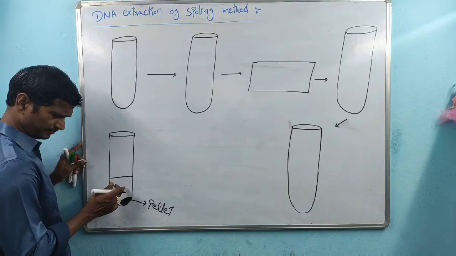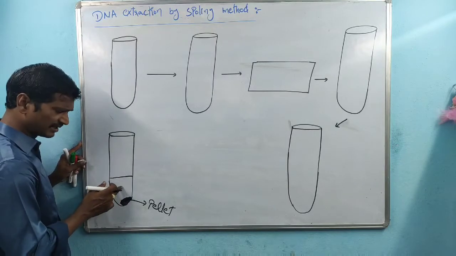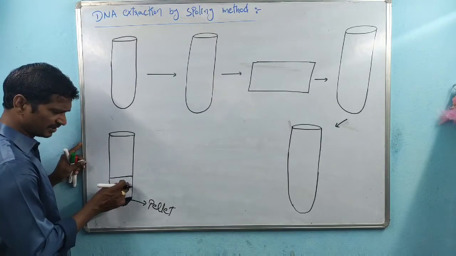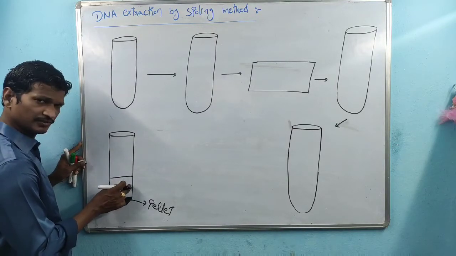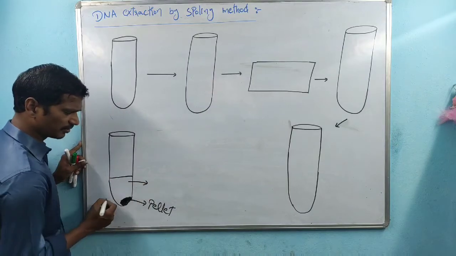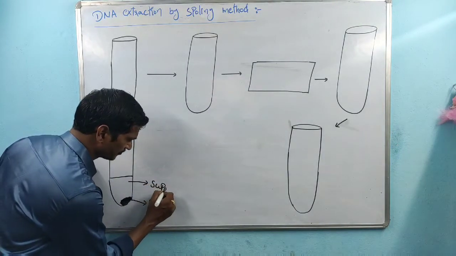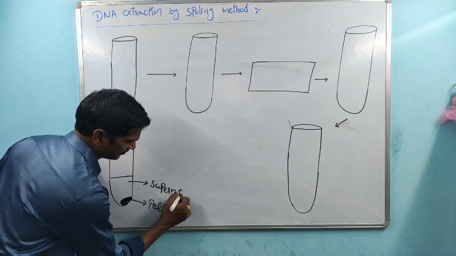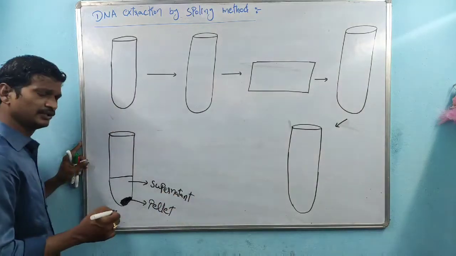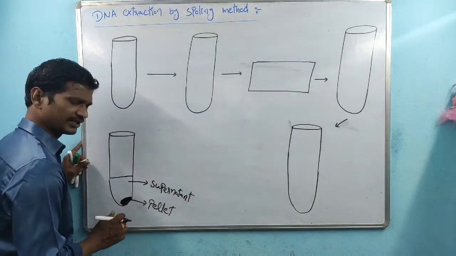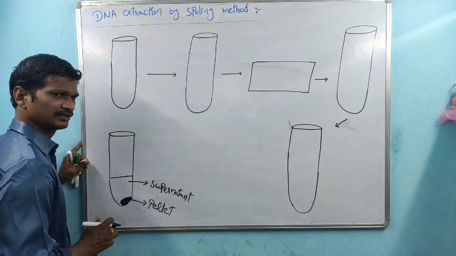See, whatever liquid-like substance is there, this is the supernatant part. So this is the supernatant, and this is the pellet.